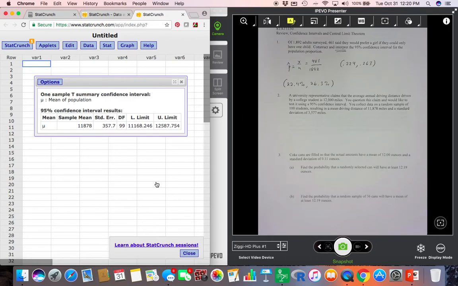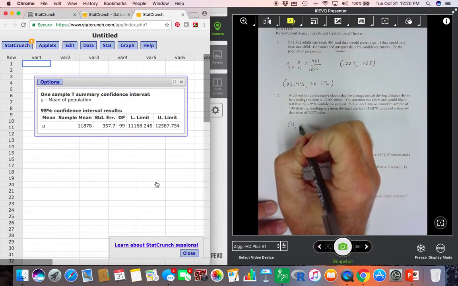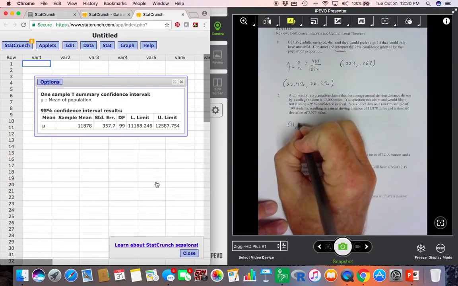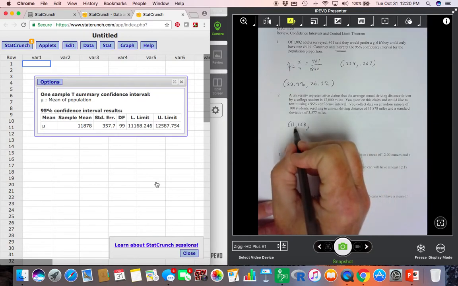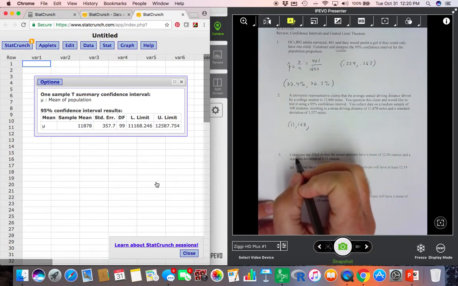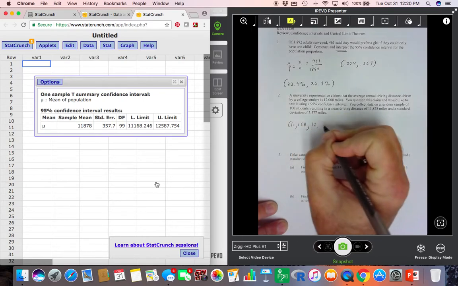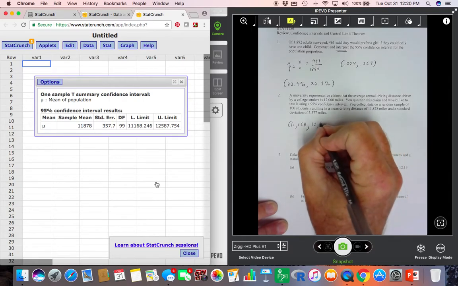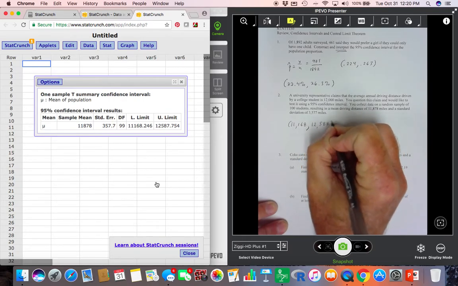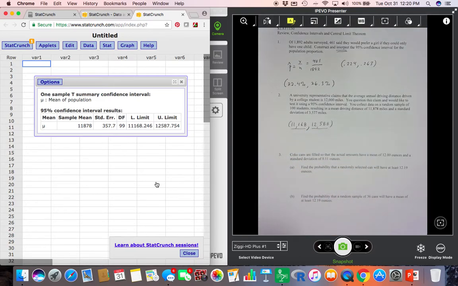And we see that we get 11,168. It's a little confusing because that comma right there with the 11,168 is a little confusing, but we should be able to handle that. So 588. So I'm going to underline these just to make them kind of stick out.